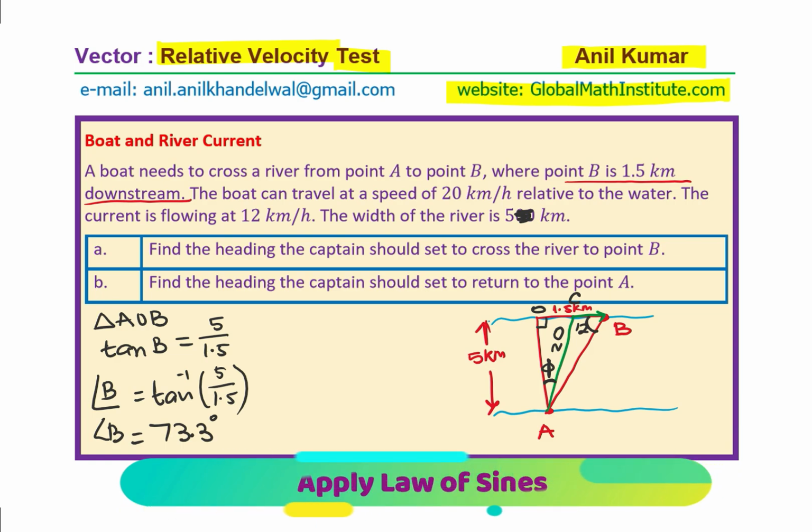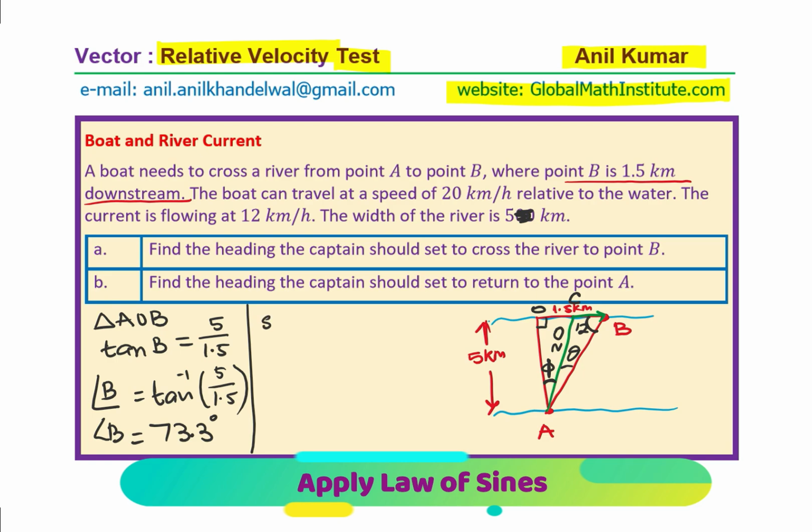Now, to solve this triangle, we can use the sine law since we know the combination of angle B and the side opposite, right? So let's say we have this angle as theta.